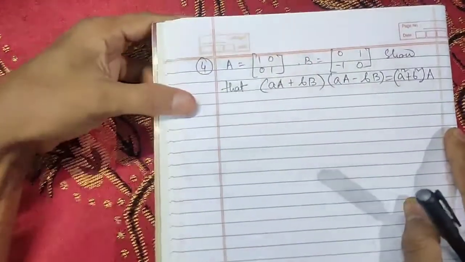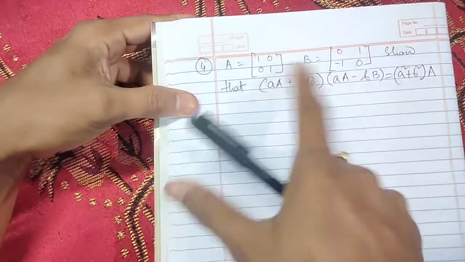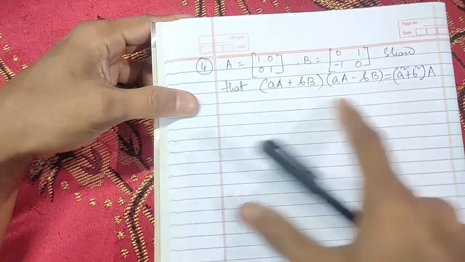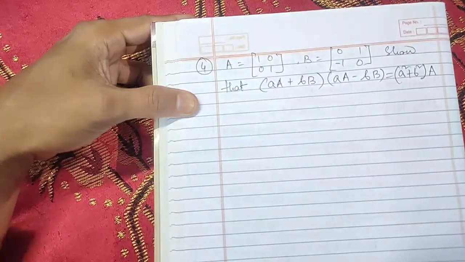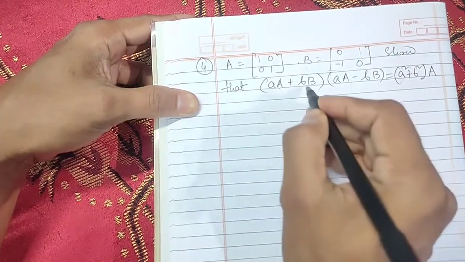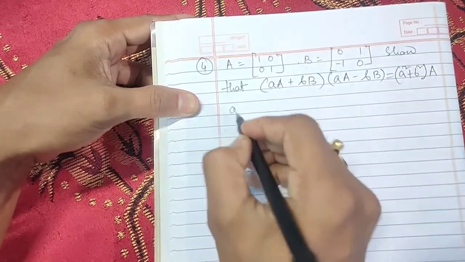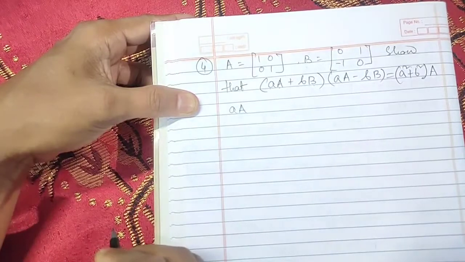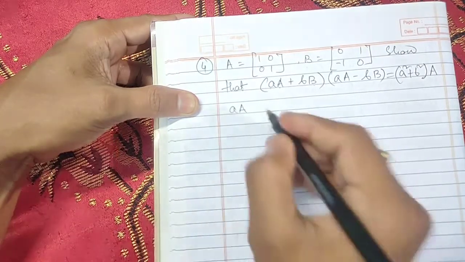Okay, next problem is this one. A equals to this, B equals to this, you have to show this. So here first we have to find small a into capital A plus small b into capital B. What will be the value of small a into A matrix?